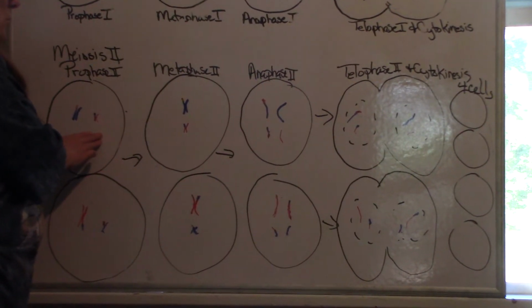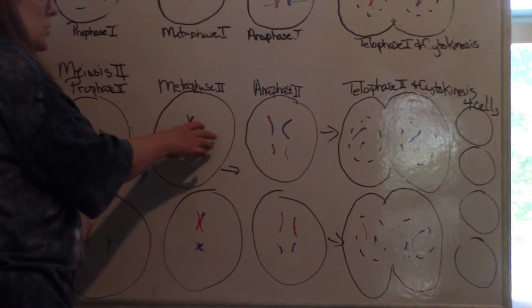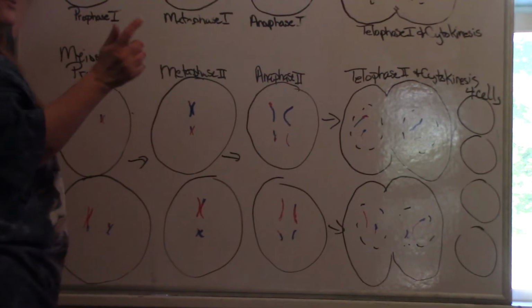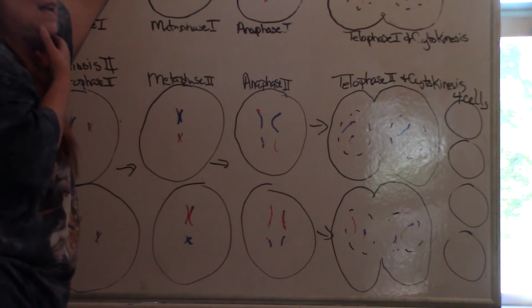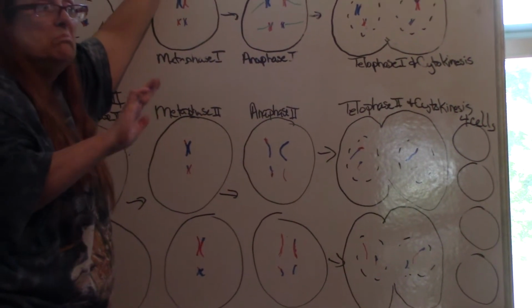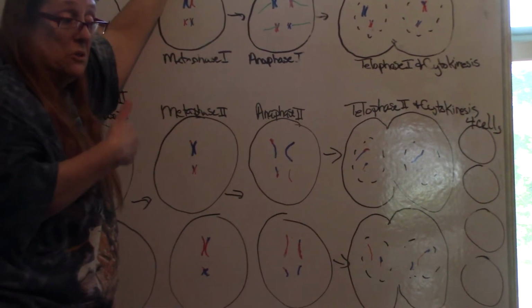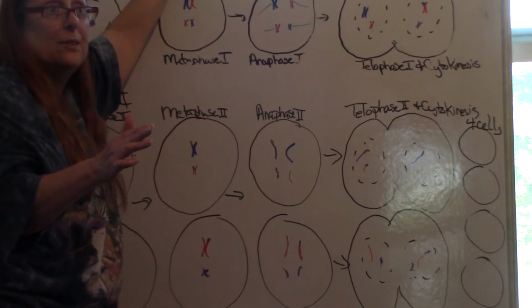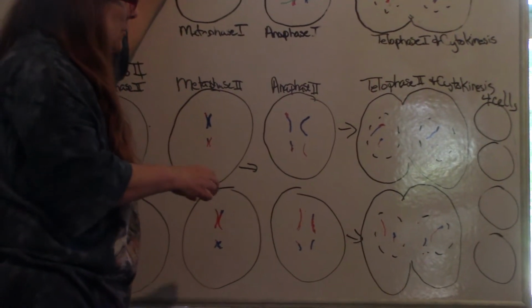And that one starts meiosis II. It arrests again, and if fertilization does not occur, it is flushed from the body as a secondary oocyte.